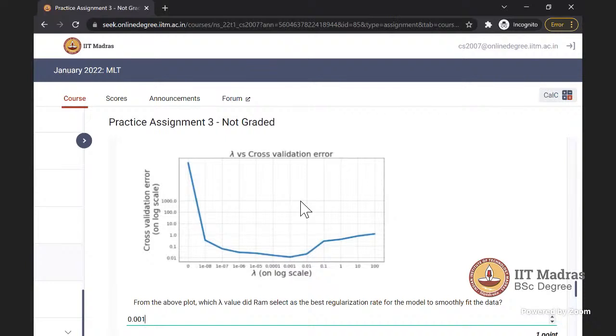So keeping everything else the same, training is another procedure. For this chart, we are just focusing on, let's say you take care of the training, then for multiple values of lambda, what best cross validation error you get.